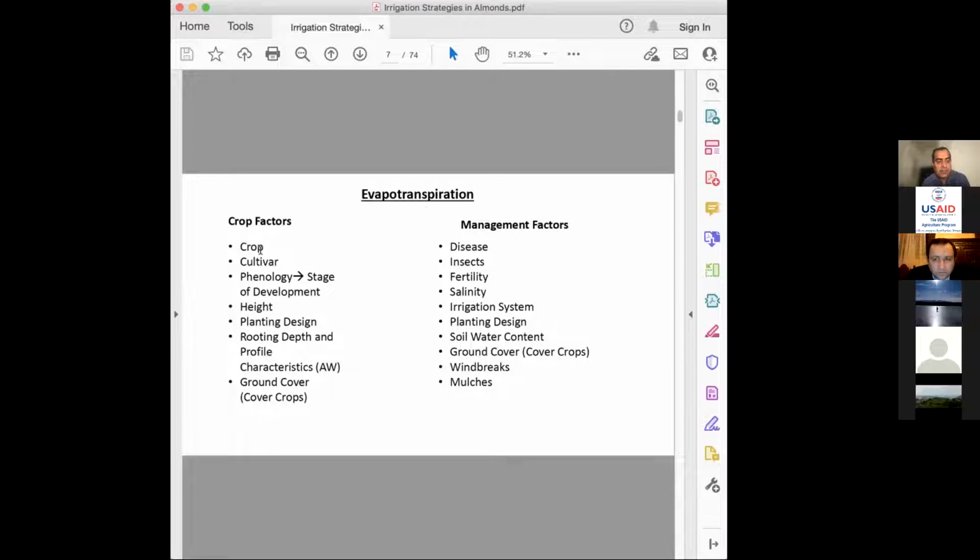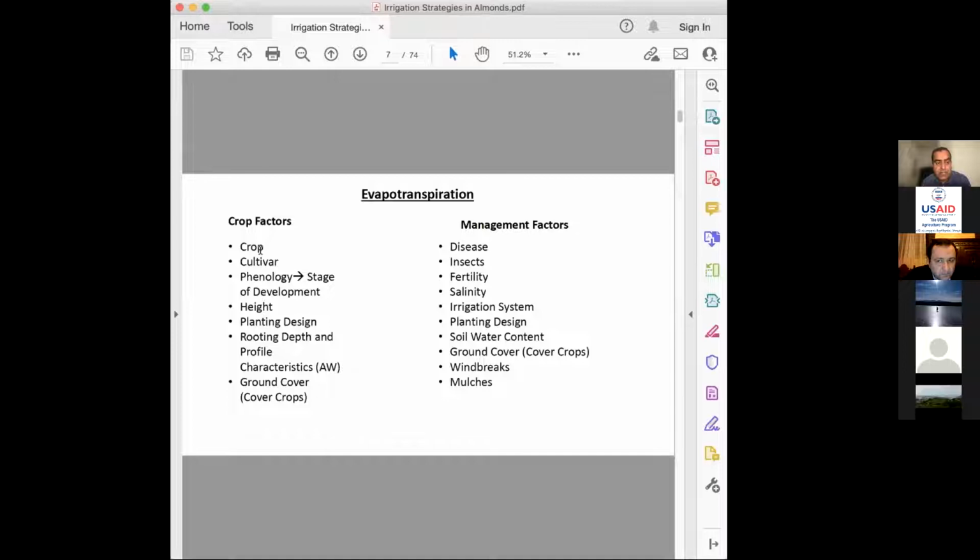Then phenology, of course, the stage of development throughout the season, from leafing out all the way to post-harvest. Height of the tree, canopy size, planting design, rooting depth and profile characteristics. Soil is a big component of the evapotranspiration demand, and then the presence of cover crops or not.